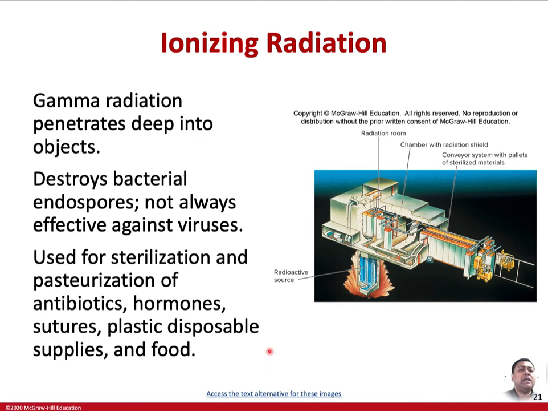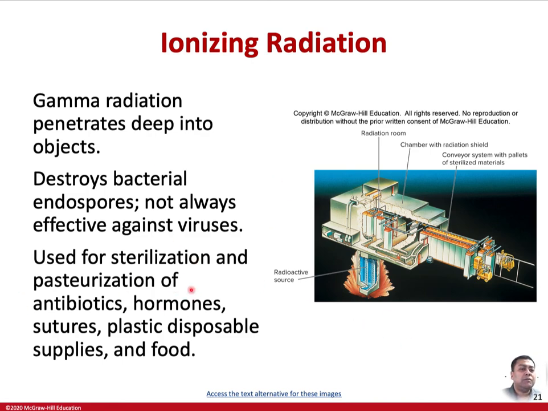The next one is the ionizing radiation. Here you are looking at an ionizing radiation room, and the materials go on a conveyor belt into the sterilization chamber. Usually the radioactive source is underneath, through which the radiation comes out to sterilize that. This is also known as cold sterilization.